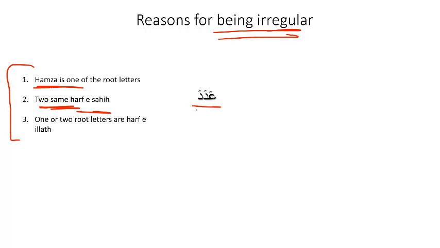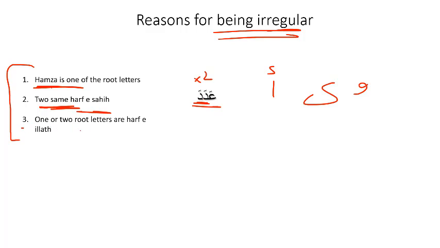So for example, adada would be considered irregular because the dal appears two times. So even though we don't have Hamza, and we don't have any harf-e-illat, so we don't have waw, we don't have ya, we have a sahi letter appearing twice. So this also is an illat.